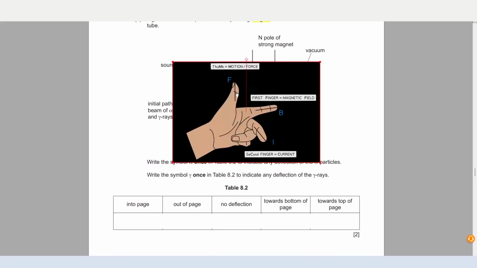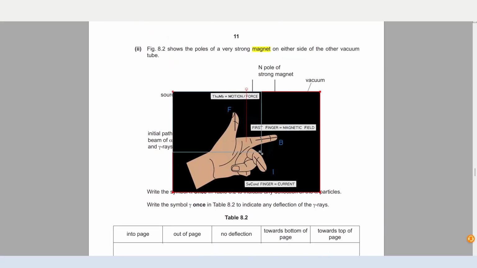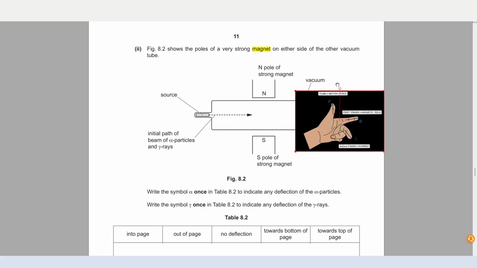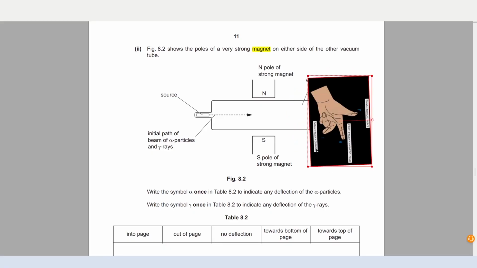And here we have our left hand, which is this. And according to this, we have our magnetic field going downwards, and the second finger should be towards the right side. I can't do that here, but when you do it towards the right side, the force is going to go into the page.